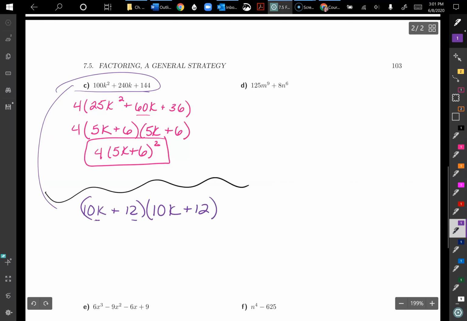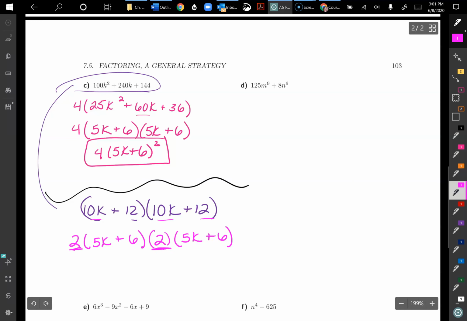However, I have a 2 that's common, so I could pull out a 2 here. 2 times 10k, 2 times 5k will give me that 10k back there, plus 6. Same thing here, I could pull out a 2, so I would have another 2 sandwiched in the middle there. I'll fix that later. And then I have the same thing, 5k plus 6.